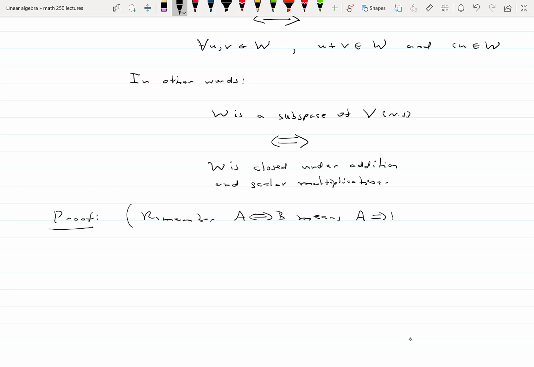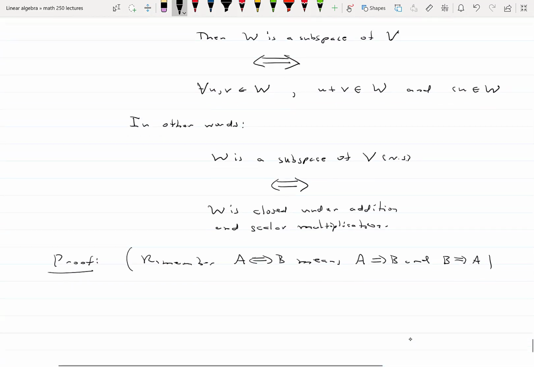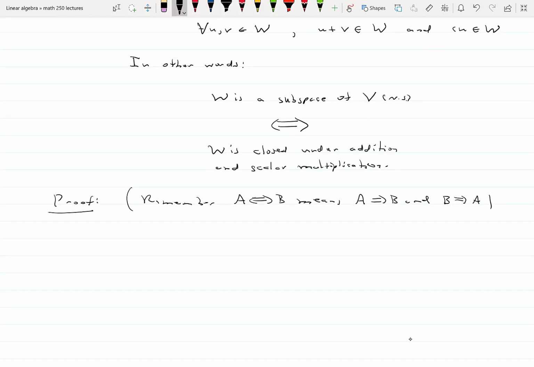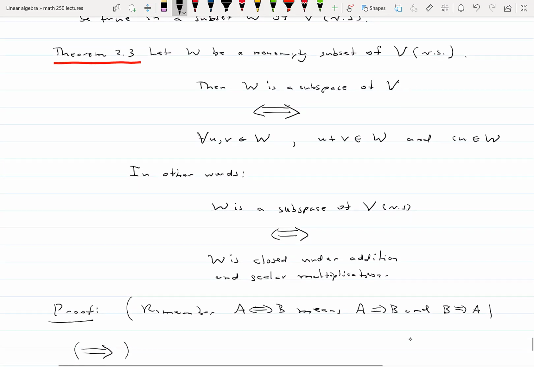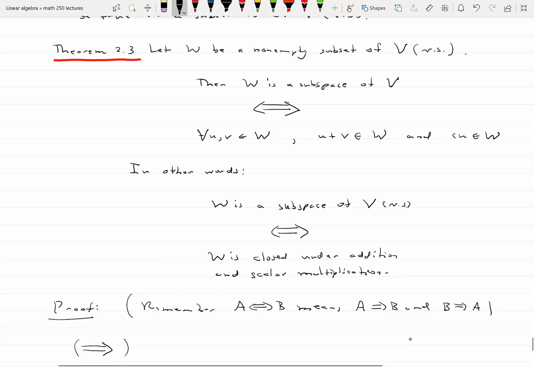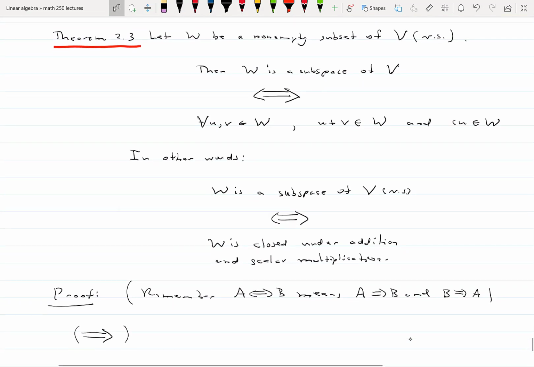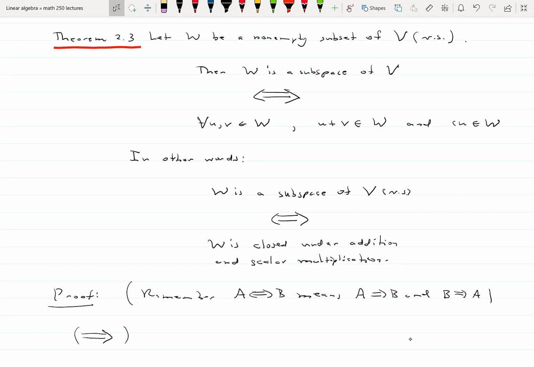If A, then B, and if B, then A. A implies B and B implies A. We don't have to worry about the proof this way. Well, we're going to worry about it, but it's very easy. The forward direction is very, very easy. If W is a subspace of V, then the closure properties hold true. Of course they do. That's by the definition of the 2 properties in the vector space.